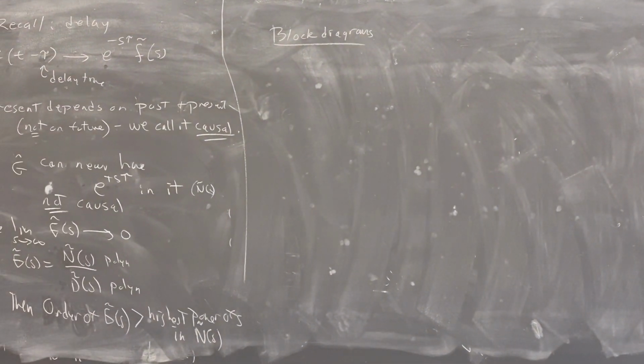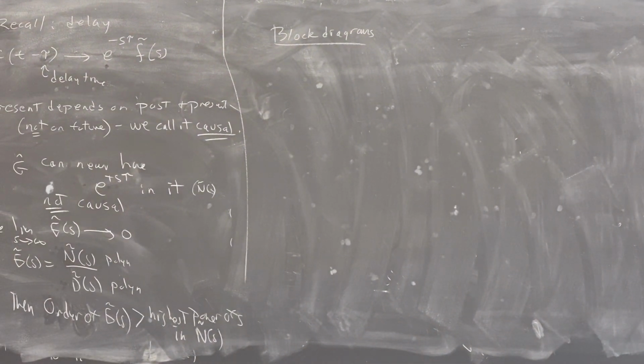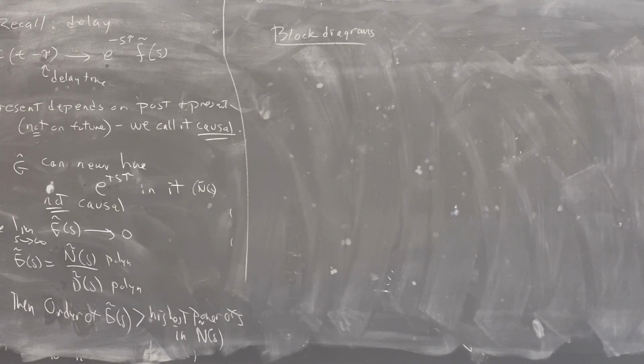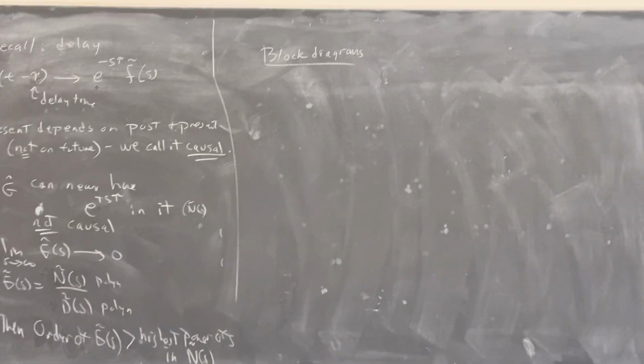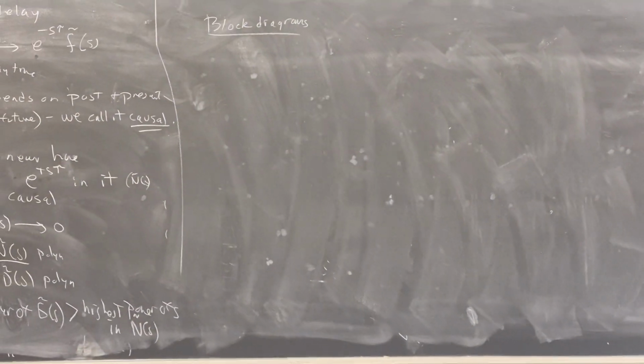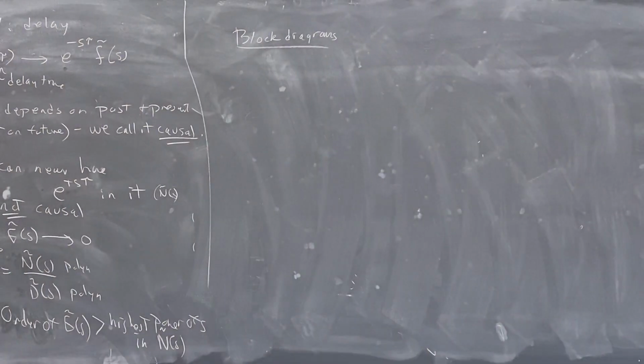If I have a bunch of reactors or a bunch of pieces of equipment, each piece of equipment has an input and an output. If I can characterize each piece of equipment as the output for any input, how any input is turned into an output, I can hook them together any way I like and get the whole system.